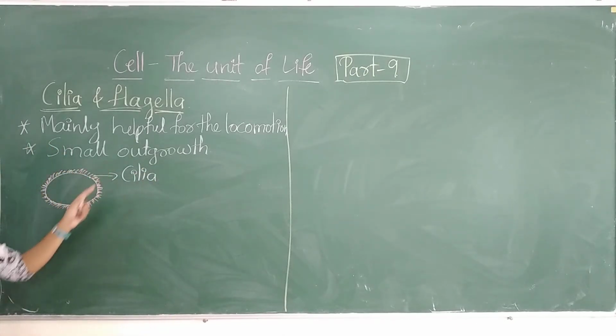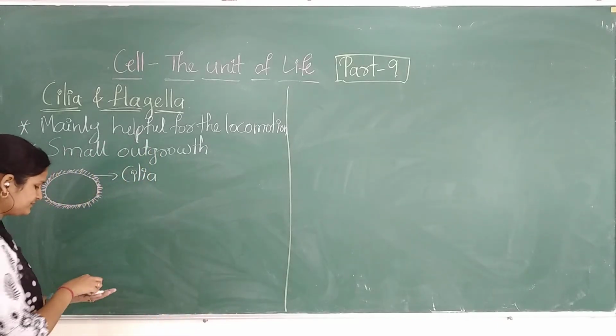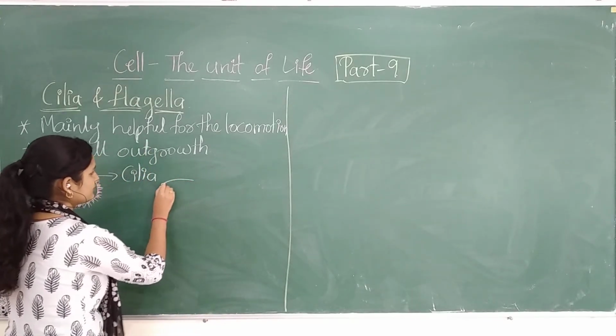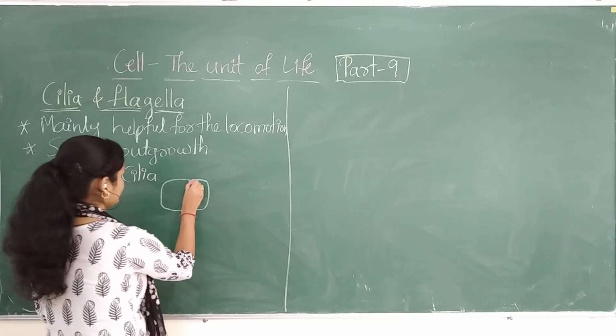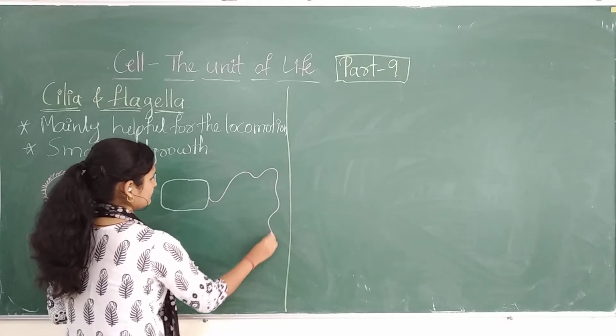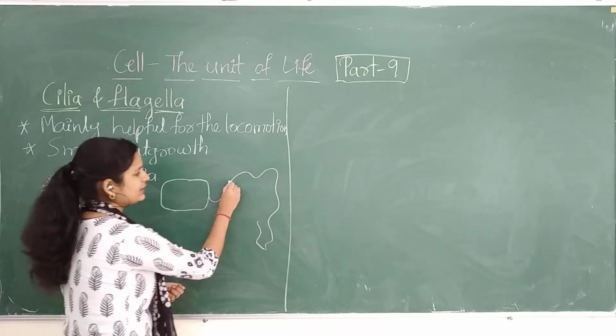So do flagella also have this kind of organization? Very good. Only one will be present. If this is an organism, the flagellum will be there like this. It is very long.